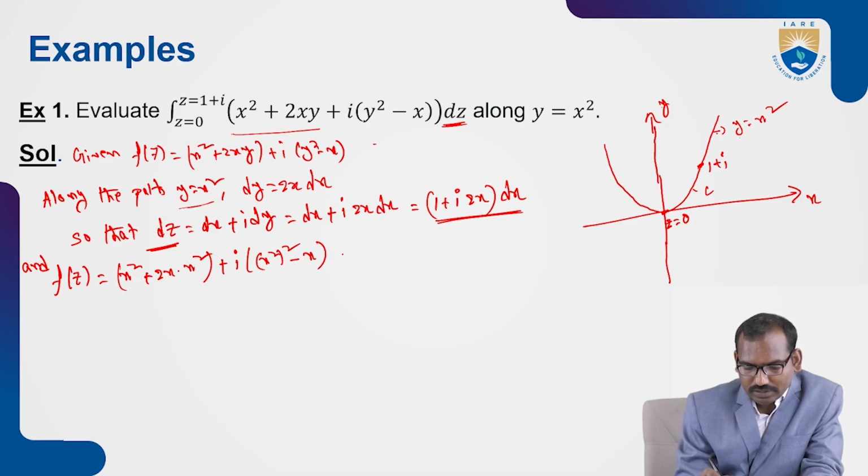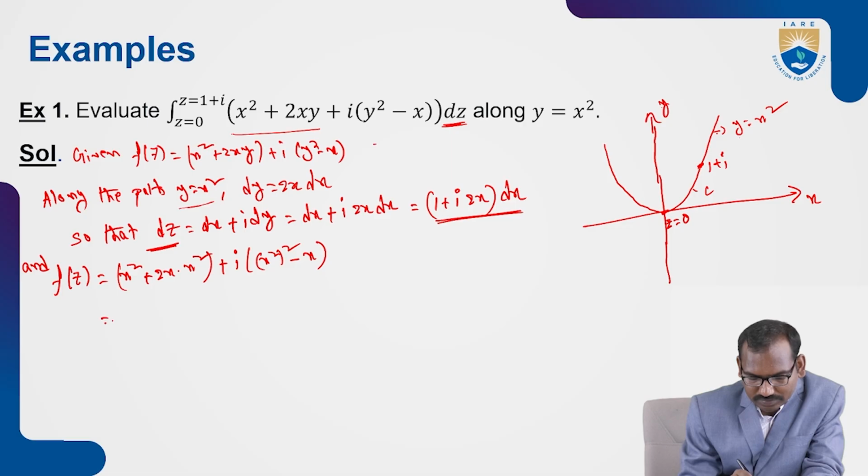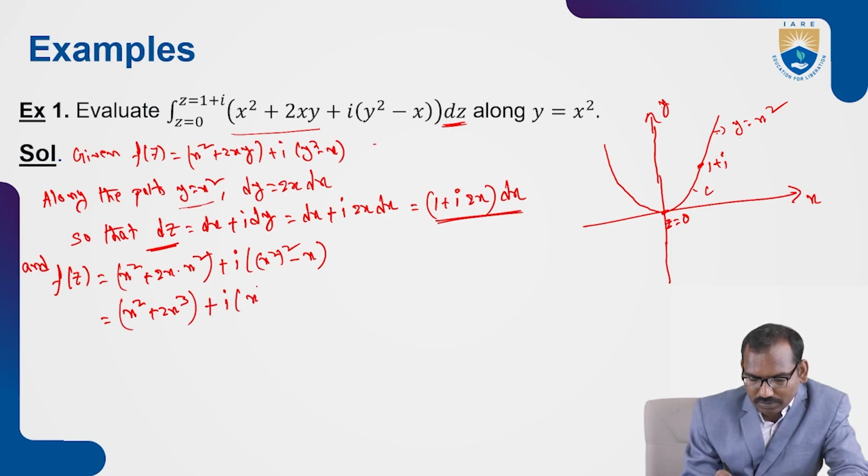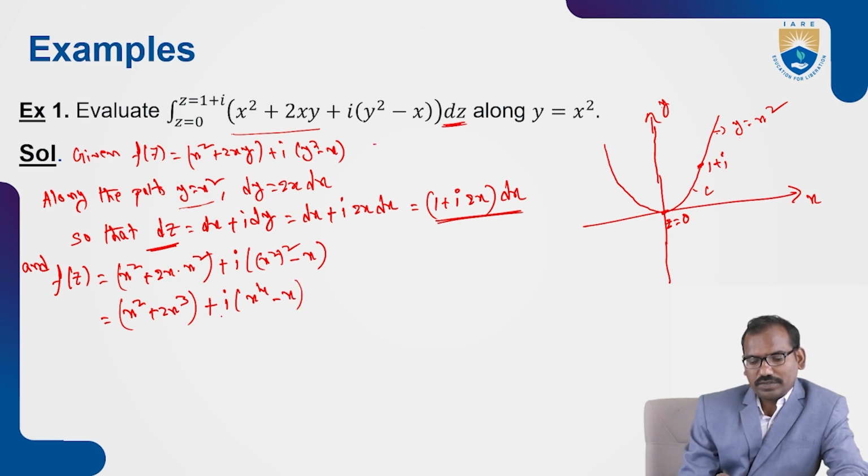So this value is x square plus 2x cube plus i times x to the power 4 minus x. This is f of z.